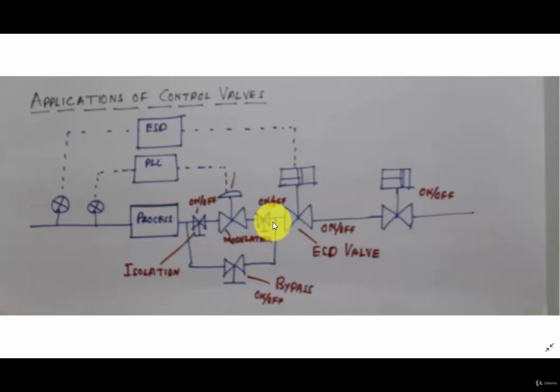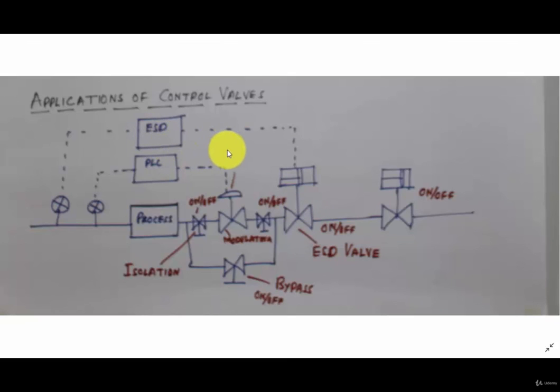So there is an ESD valve also. For every critical loop we have a parallel ESD loop in the industry. The ESD loop is for on-off service only. It will not control the process fluid. For safety purposes, it will open or close the valve. Emergency shutdown system, it is called.